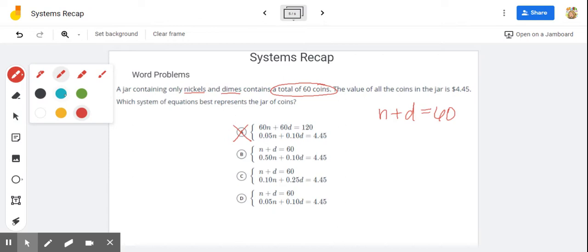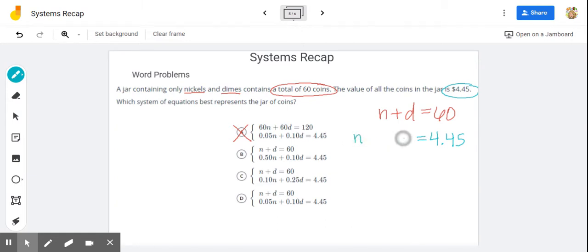Now, if I do the rest of the question here, it says that the value of all my coins is $4.45. So don't forget, guys, if they give you money, you need to use your nickels and your dimes, and you're going to give me the money value of each of those coins. So dimes are worth 10 cents a dime, and nickels are worth 0.05 or 5 cents per nickel.